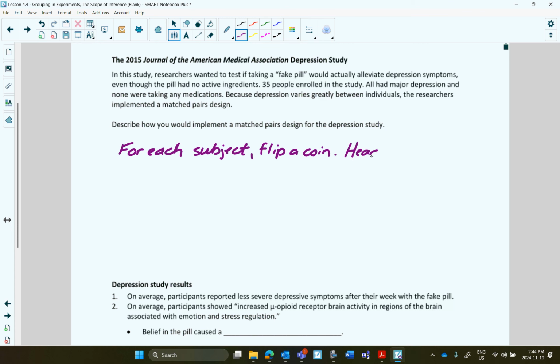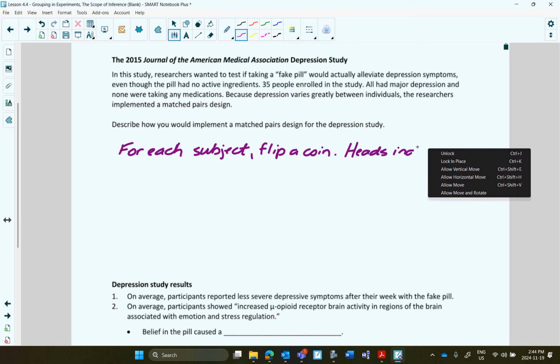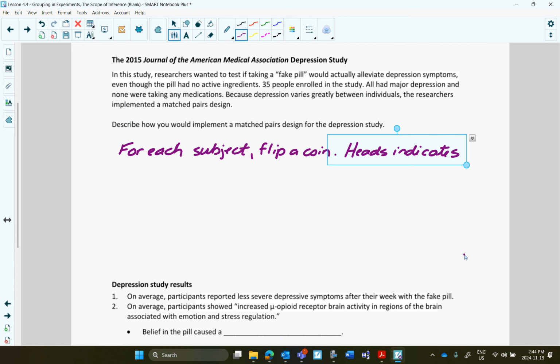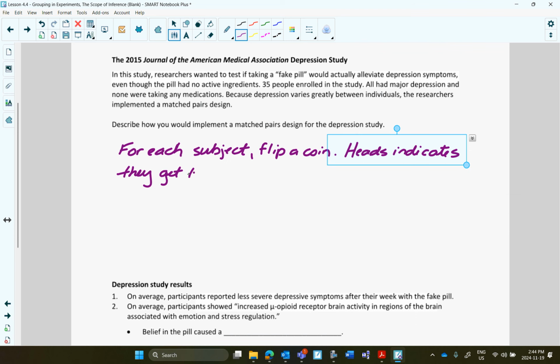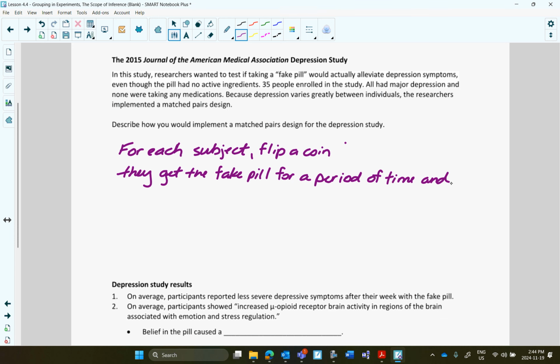Heads indicates a fake pill for a period of time, and then no pill.